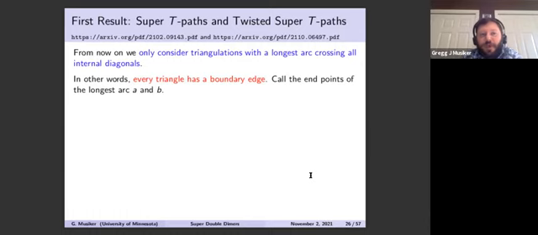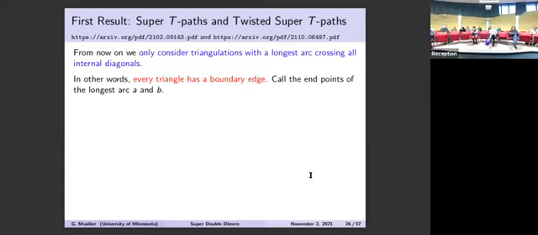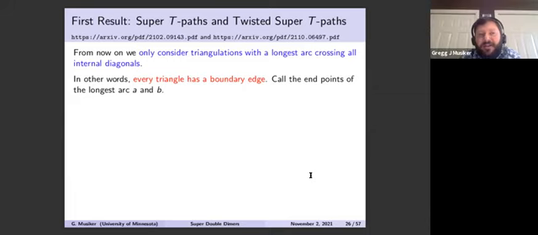So the result of our first joint paper with Nick and Sylvester was a super T-path formula for the super decorated Teichmuller space case. And instead of reminding you of that, I'm going to talk about a related cousin of this, twisted super T-paths that we discussed in our more recent paper.